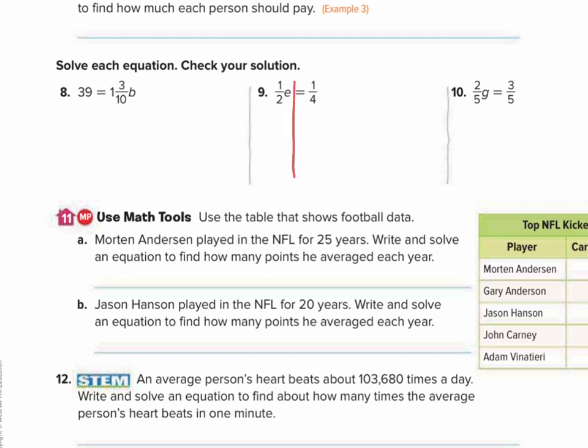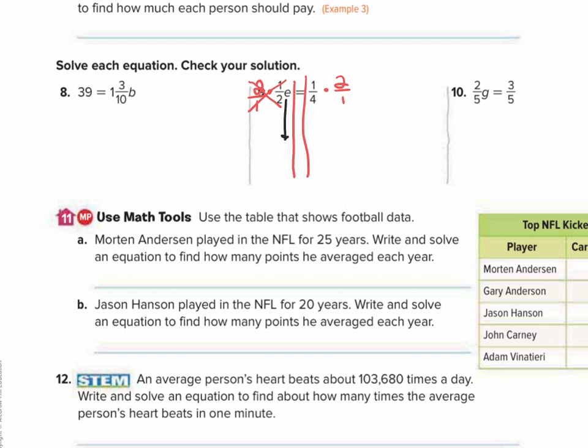But actually with a fraction, an even easier way to cancel it out is if I just multiply by the reciprocal, which is the fraction flipped. So if I just multiply by the reciprocal of 1/2, which is 2 over 1, to both sides, you'll see that the 2's cancel out and the 1's cancel out. So when we have a fraction, we could just multiply by the reciprocal.